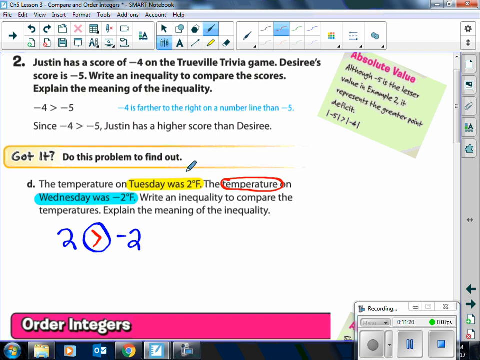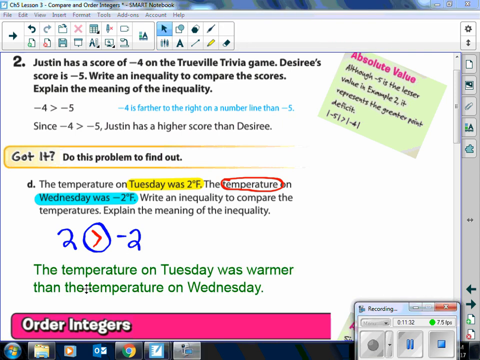Even though not that much higher, the temperature on Tuesday was warmer than the temperature on Wednesday. Is everybody clear with that? Let's write that down: the temperature on Tuesday was warmer than the temperature on Wednesday.